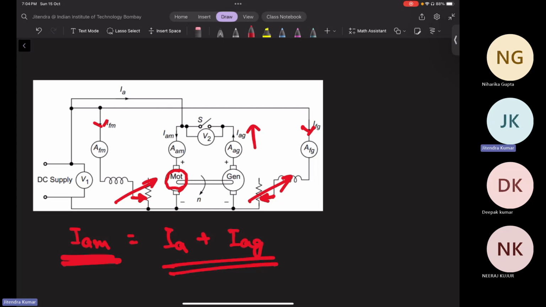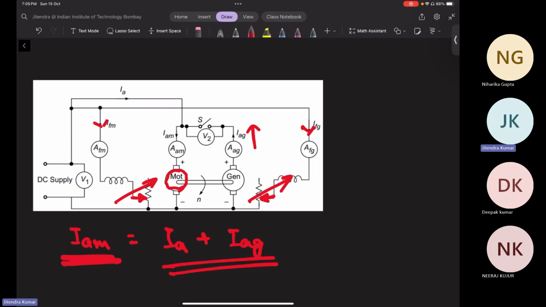In Hopkinson's test, since it is a regenerative test, two DC shunt machines are coupled mechanically, and one of the machines is acting as a motor, the other is acting as a generator. Whatever the generator is supplying goes to the motor, and whatever the motor is rotating, that shaft is connected to the generator. So ideally there should not be any losses.